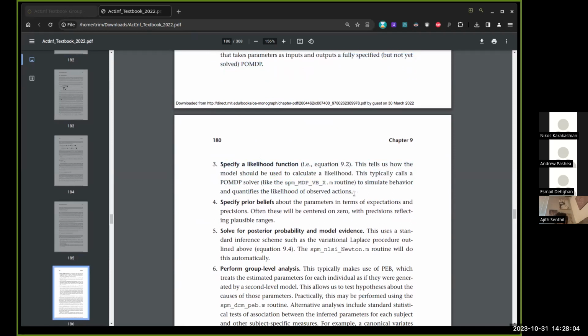Then specify a likelihood function. We could look a little bit more at SPM, MDP, VBX to try to see exactly what degrees of freedom are here. But my understanding is this is not something that needs to be designed on a per experiment level.